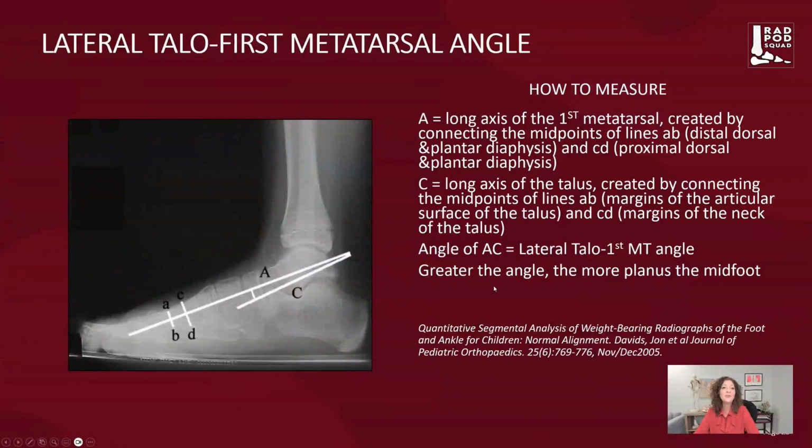Looking at the lateral talo-first metatarsal angle, one of the most important angles is called Meary's line. What we're looking for is that the talus and the first metatarsal axis are aligned. When we draw these lines, we're looking to bisect the talus, as denoted by C, where we take a midpoint between the talus, the neck, and the head, and compare that to the mid-metatarsal line.